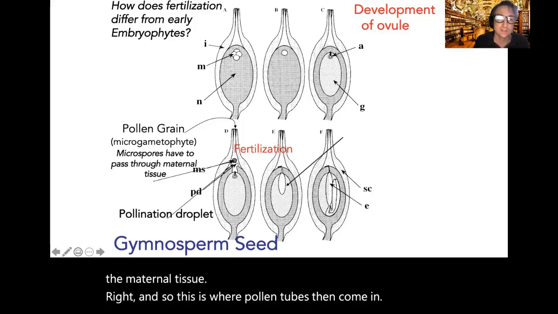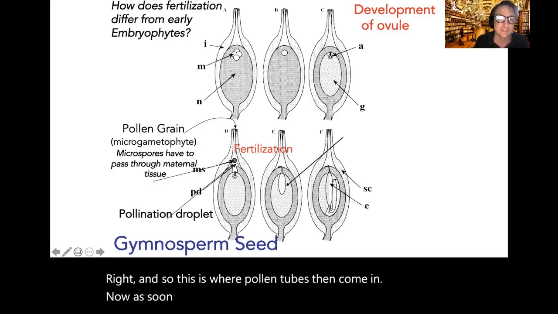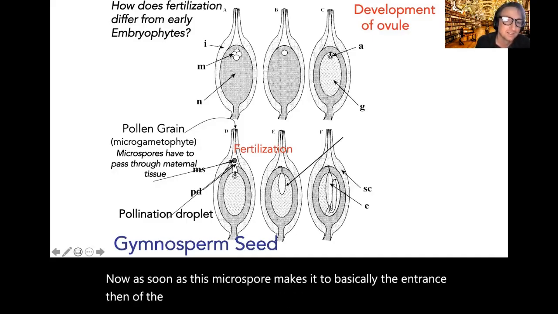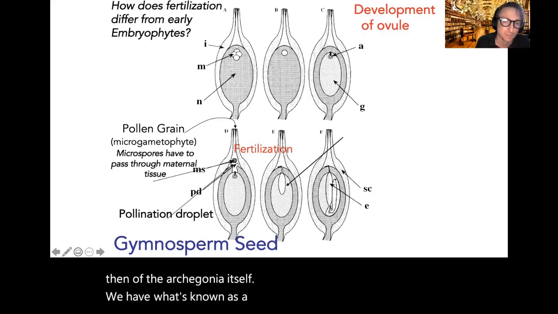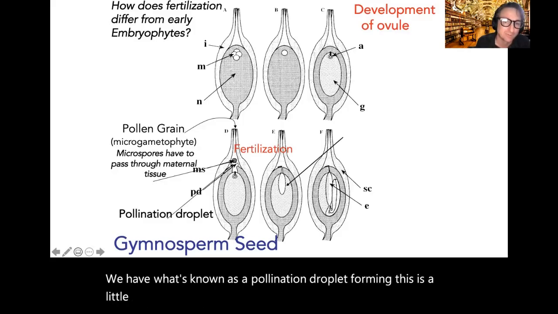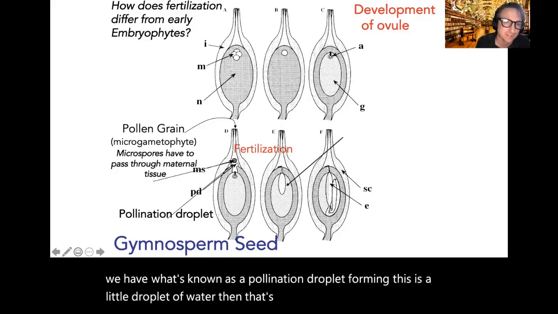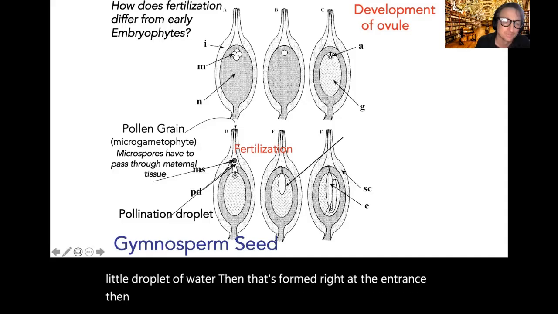Now, as soon as this microspore makes it to the entrance of the archegonia itself, we have what's known as a pollination droplet forming. This is a little droplet of water formed right at the entrance of the archegonium.